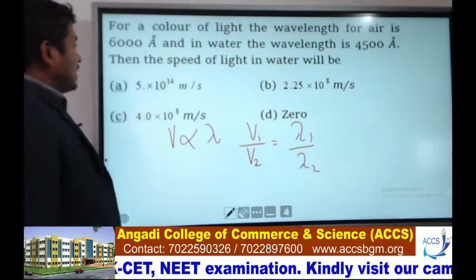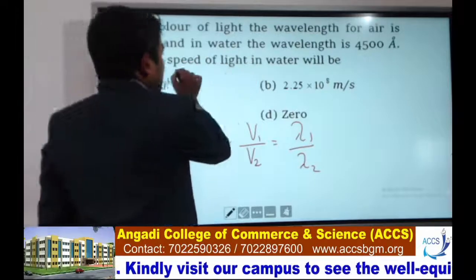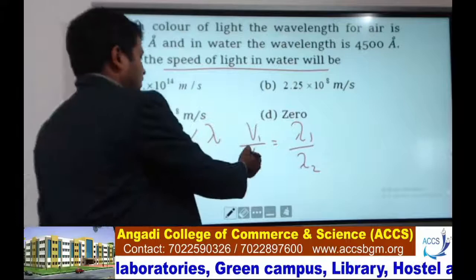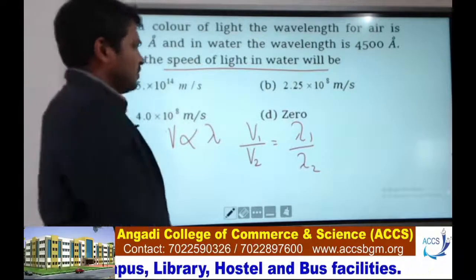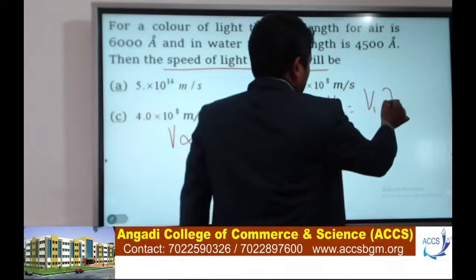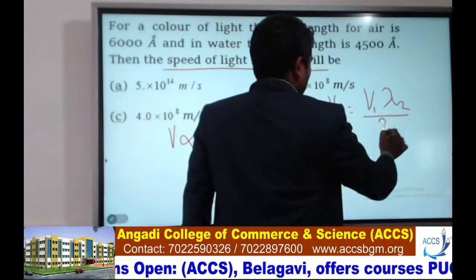But what they are asking is the speed of light in the water medium, yes or no? That is v2 equals v1 lambda 2 divided by lambda 1.